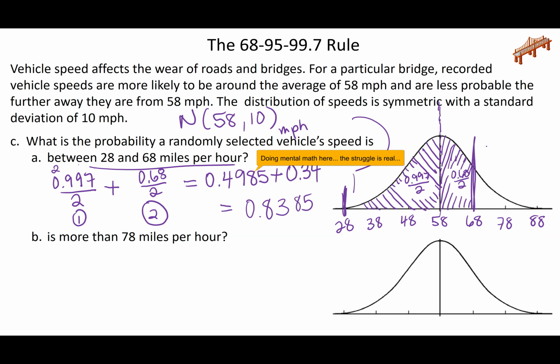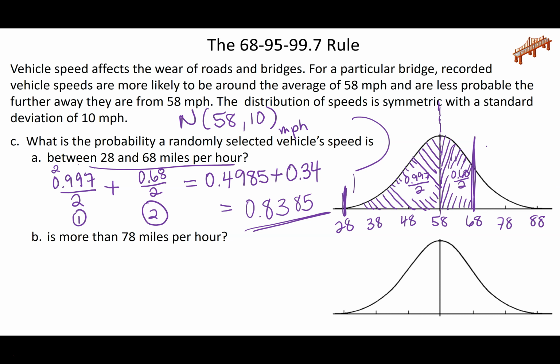So about the middle, 83.85%. If I randomly select a car on this bridge, the probability I selected a car going between 28 and 68 miles per hour is going to be about 0.8385.